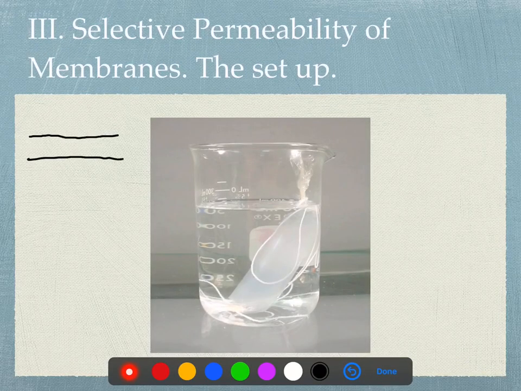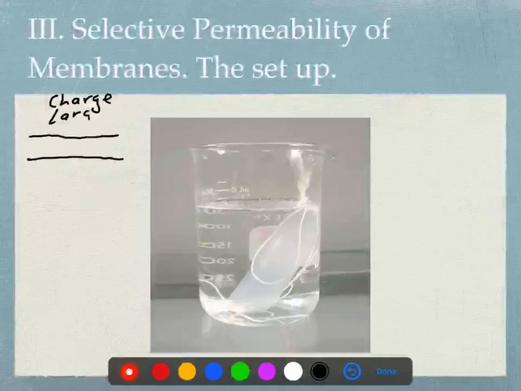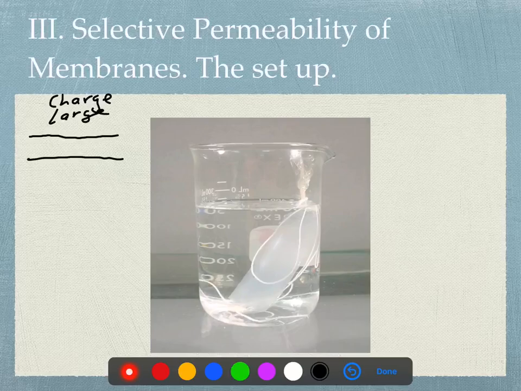I want you to remember that your cell membrane is made out of phospholipids. And if you recall from our first part lecture of chapter 5, things that have a charge, they cannot get through the membrane. And things that are really large, they cannot get through the membrane. In fact, if you're small and you have a charge, you can't get through, right?